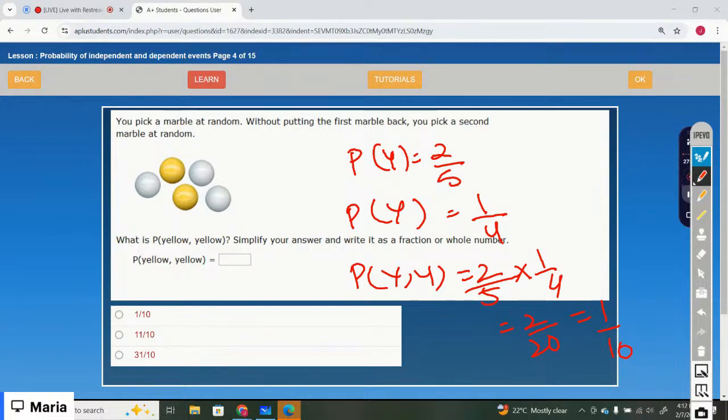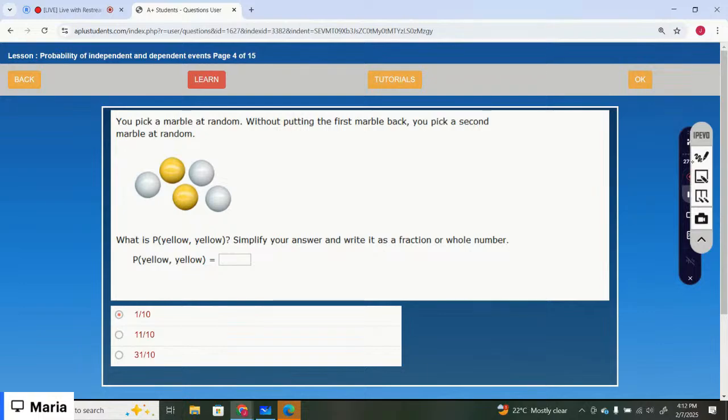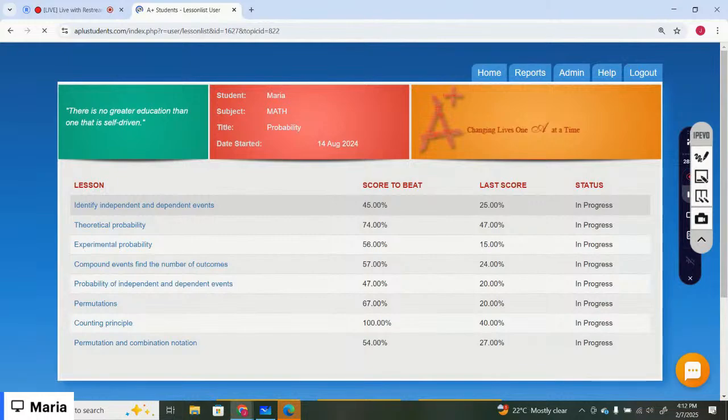Let me just move on to the next lesson. The next lesson is permutations. Let's just start with the lesson.